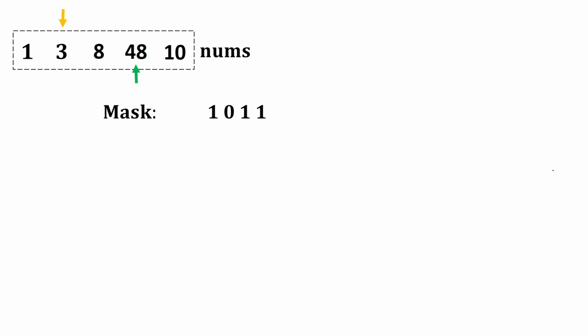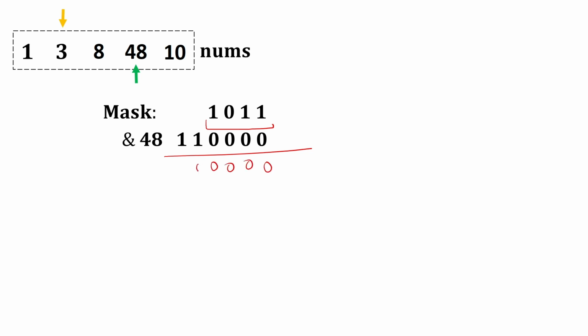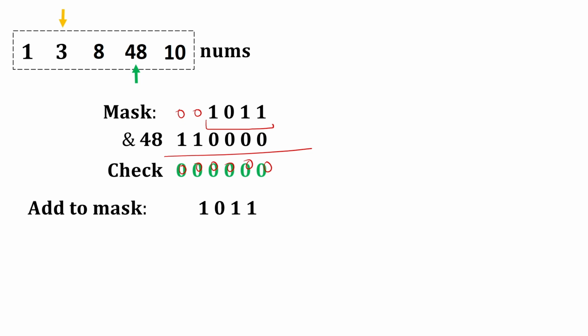So just do that same check again. This is my updated mask after having added 8. I want to check if I can add 48 in my subarray. So I just write its binary representation. How do you do an AND? 1 and 0 is false, false, false, false, false, false, because here you have an implicit 0. So the check has passed. That means you are safe to add 48. How do you add?